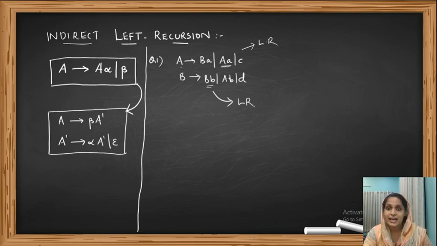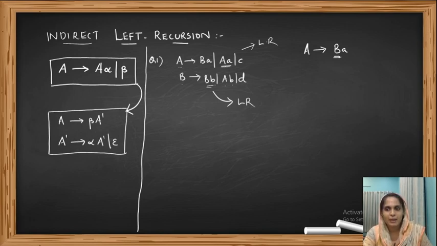Now what is indirect left recursion? Let's consider A produces BA, just that alone. In that we can replace the variable B with its values. B produces BB | AB | D, so B has three values.